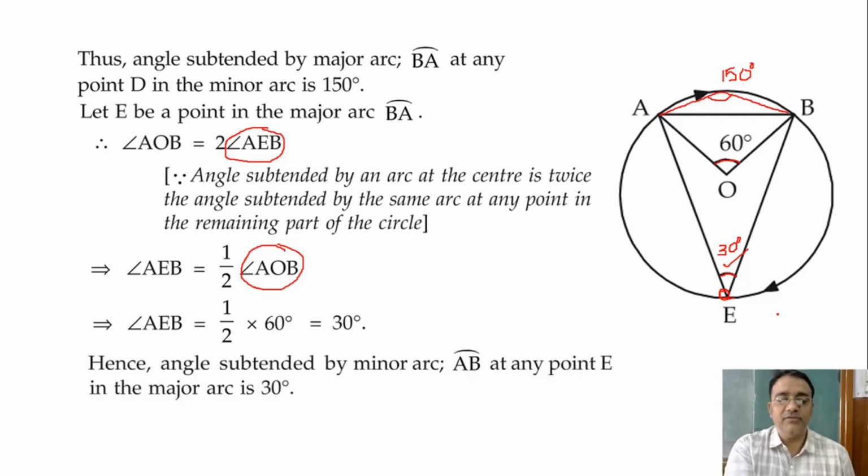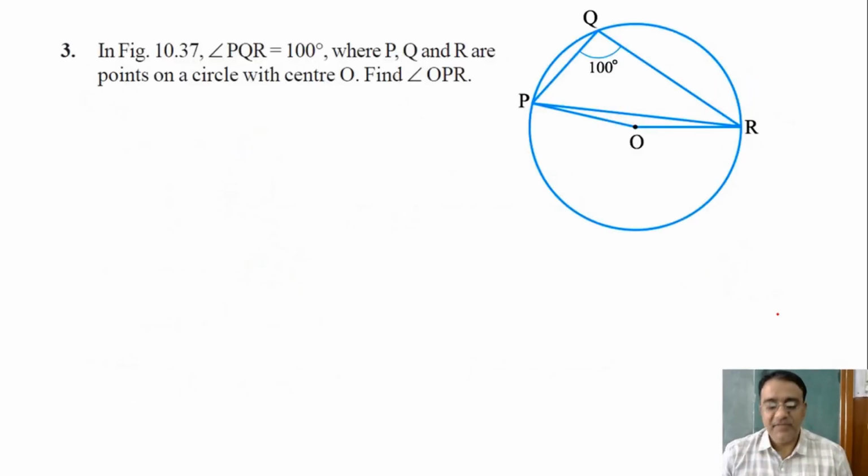Okay, so now we are moving towards question number 3. In figure 10.37, angle PQR is 100 degrees, where P, Q, R are points on the circle with center O. We have to find angle OPR. This angle we have to find.